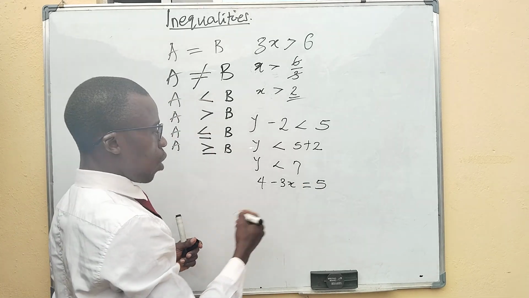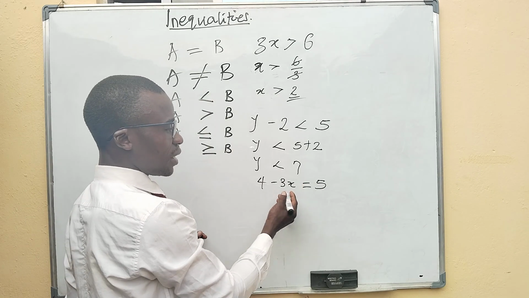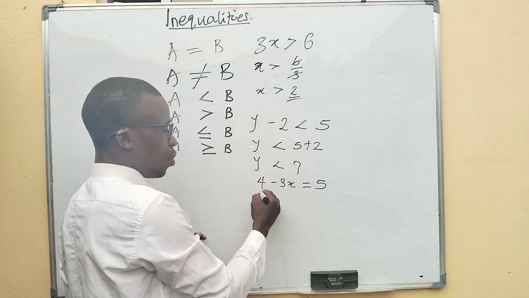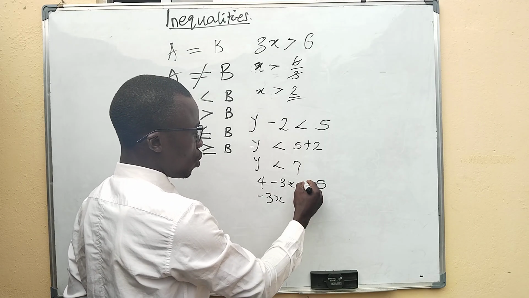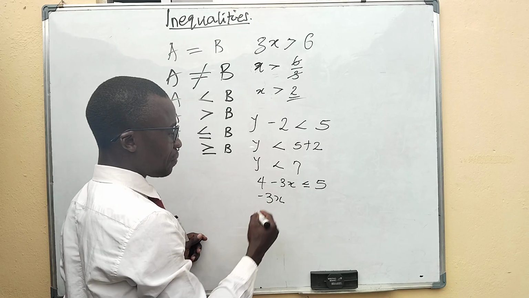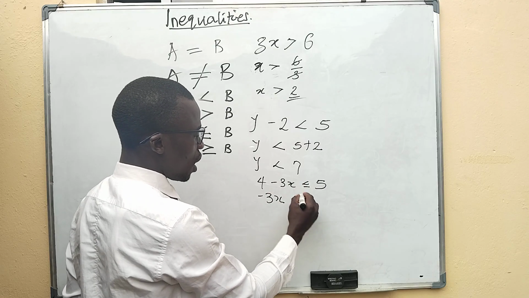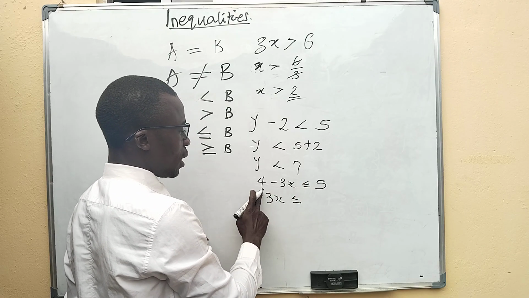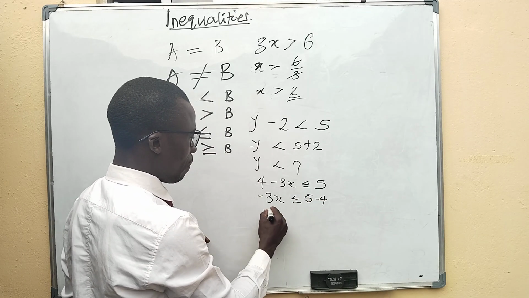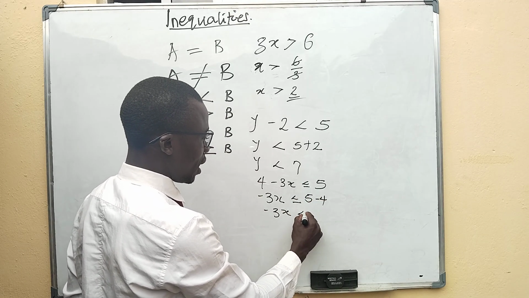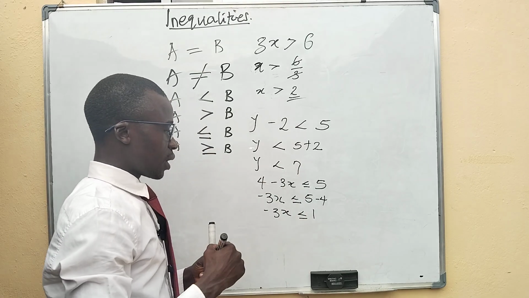Okay, now what do we do in this? Be careful here. We say minus 3x is less than or equal to 5 minus 4. So minus 3x is less than or equal to 1.